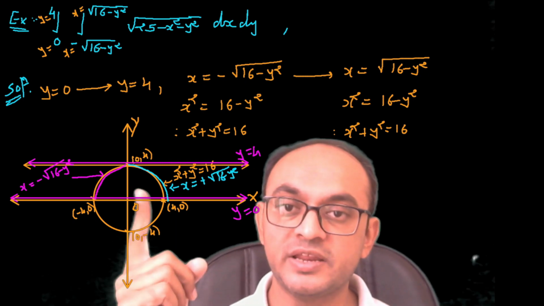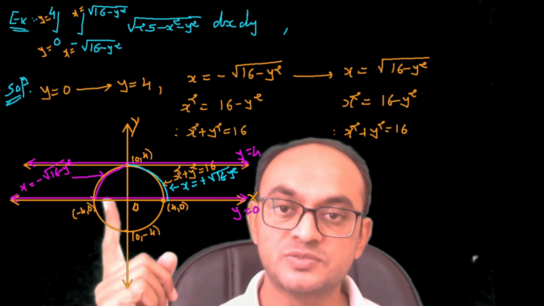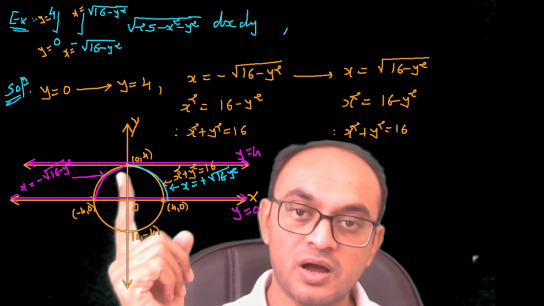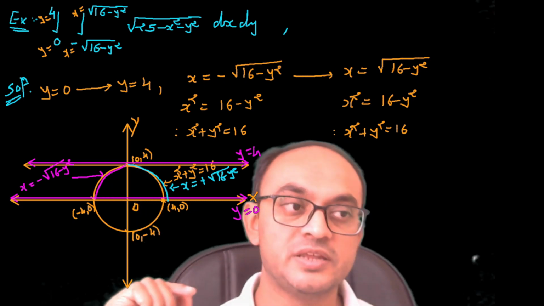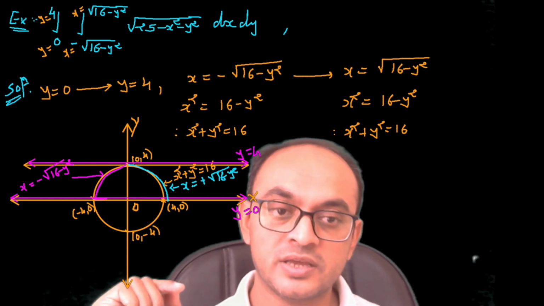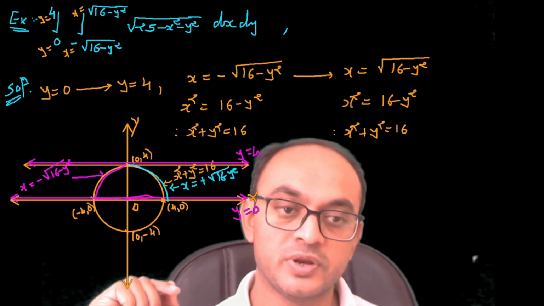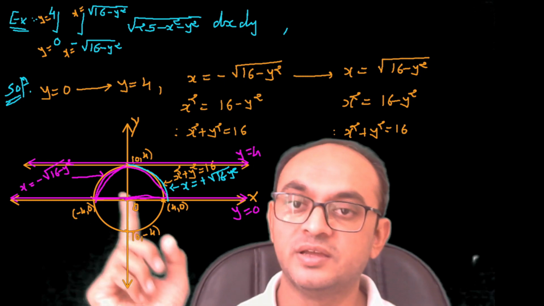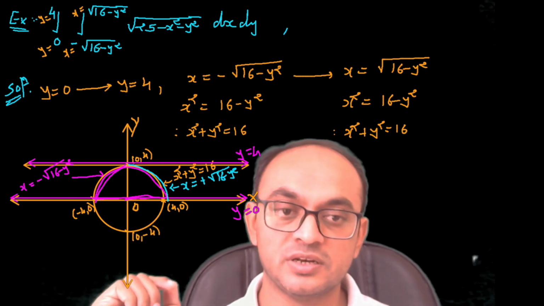So what is my region? My region is this portion, this horizontal line and upper half circle. So our region R is this horizontal line and upper half circle. This is our region R.